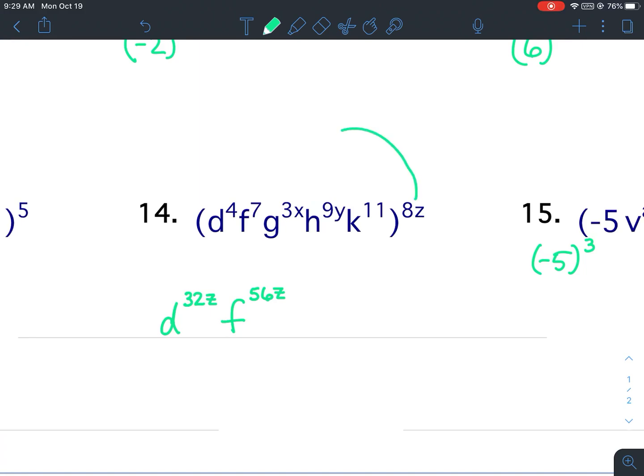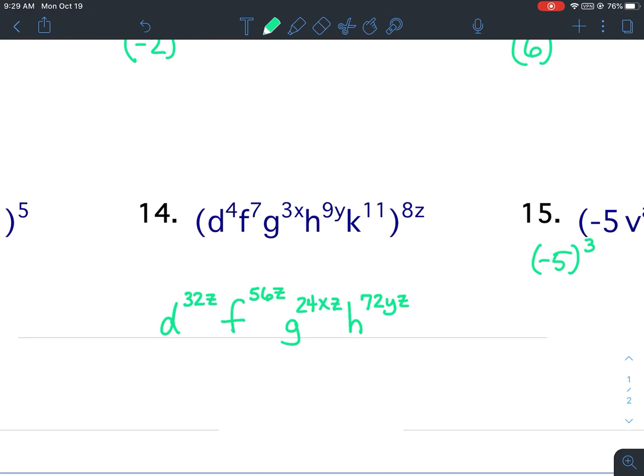Now I'm going to take 8z times 3x. 8 times 3 is 24. So this would be g to the 24. Now I've got an x and a z, so 24xz. 8 times 9 is 72. So h to the 72, and now I have yz.